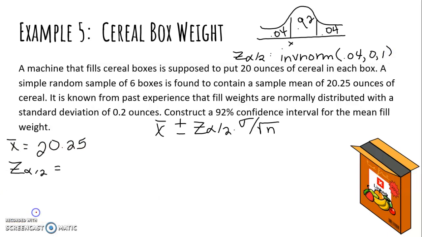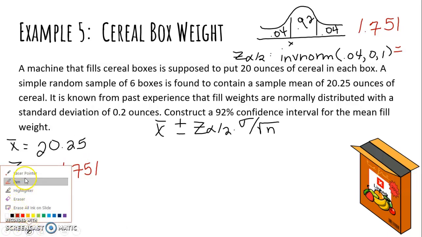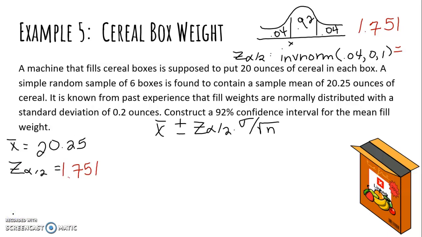And so we get negative 1.751, which we will knock the negative off. We just need the answer without the negative, 1.751. And then what else do we have? We have our sigma, our standard deviation, which is 0.2 ounces.